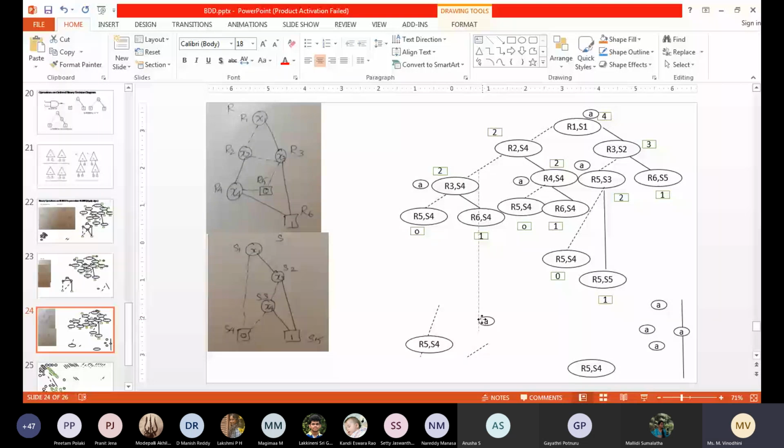After getting the values as per the reduce algorithm, next assign the variables. It will be easy for you to merge later to draw the final ROBDD.